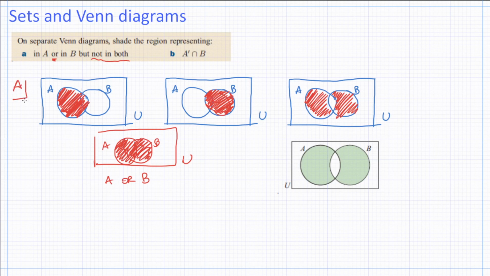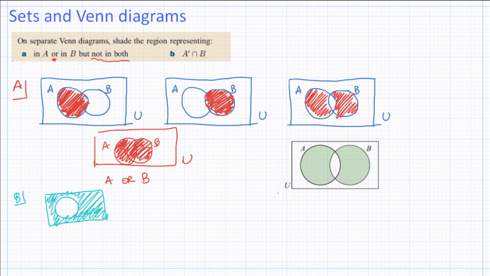It's not A, so complement of A, intersection with B. So it's AND. So not A, that's everything outside of A. So if this is A, right, you would simply shade everything outside. So that's not A. Intersection, so what does it have in common with B?